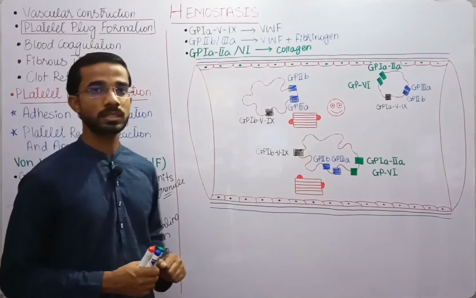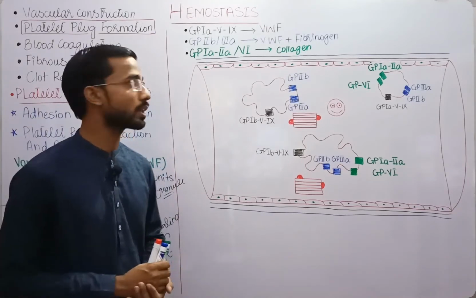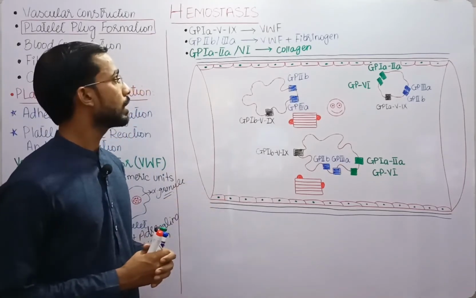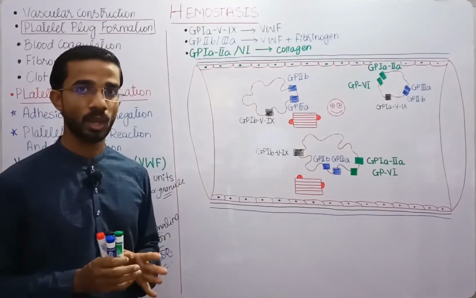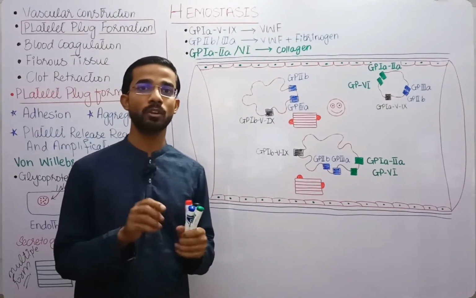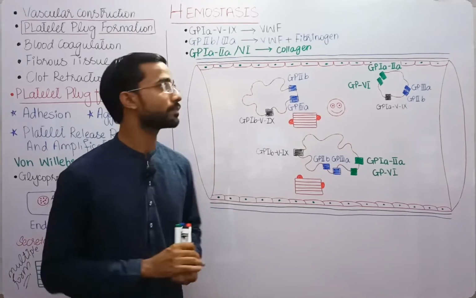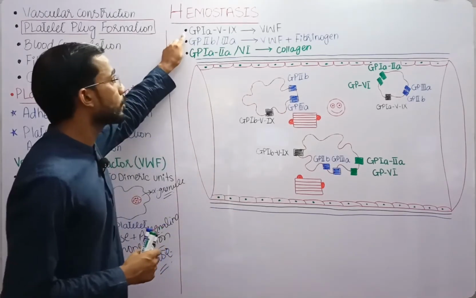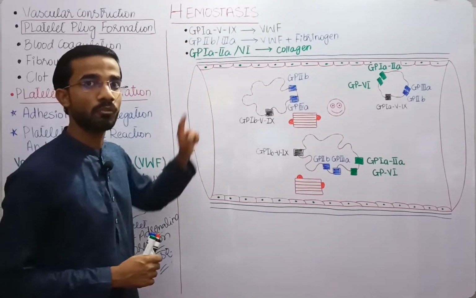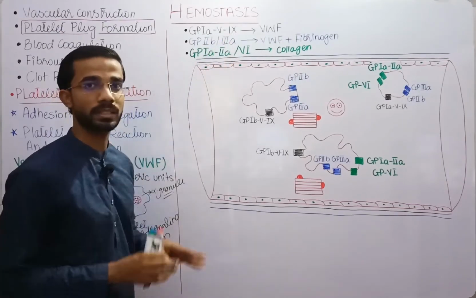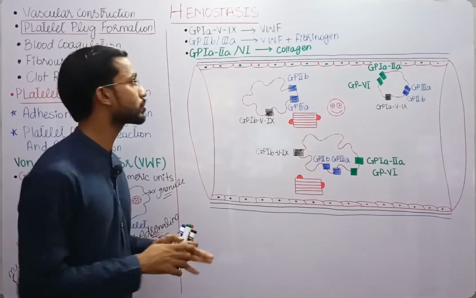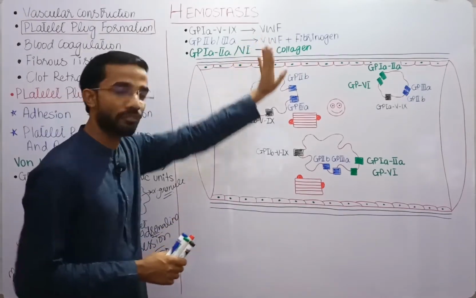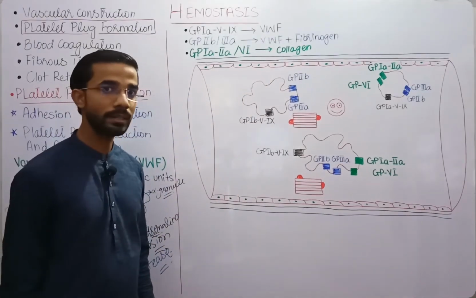Before we discuss platelet plug formation, we have to notice that there are glycoproteins which are present in the membrane of the platelet. Glycoprotein Ib, V and IX. This is a complex which only attaches to the von Willebrand factor, right?